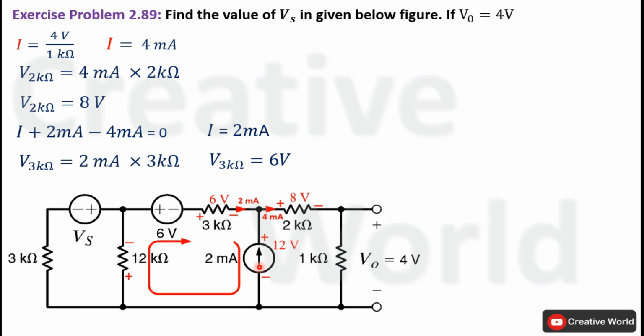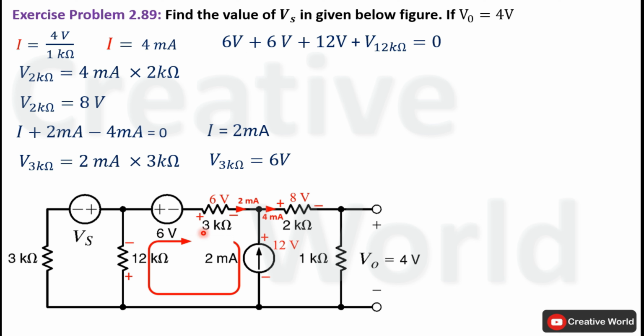Voltage across this constant current source will be equal to the sum of voltage across these two resistances. Now apply Kirchhoff's voltage law inside this closed loop to calculate voltage across this 12 kilo ohm resistance. KVL equation for this closed loop will be, start from here, current entering terminal is positive, so 6 volt will be taken with positive sign.